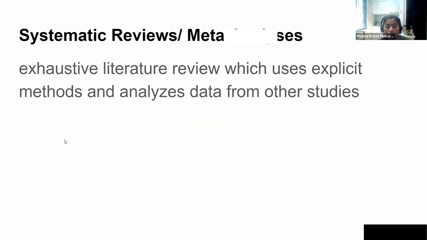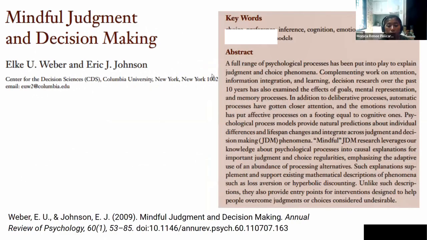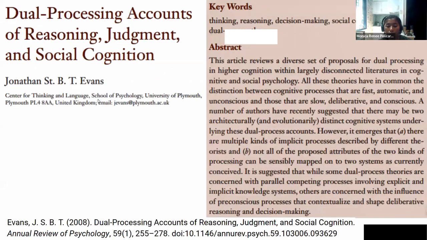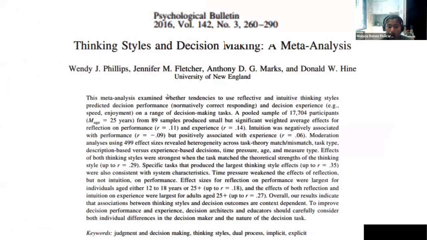Okay. So here's an example of review articles. So this is my area of interest. Okay. So dual process theory, social cognition, judgment, reasoning. Those are my areas of interest. So for meta-analysis, if your query is popular, it's almost always the case that you will encounter meta-analysis.